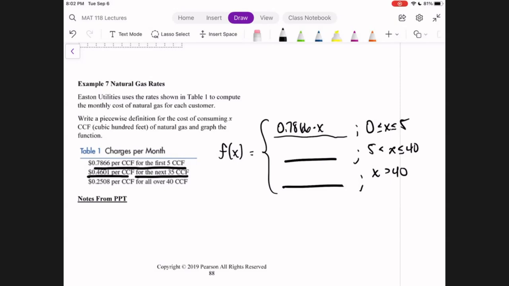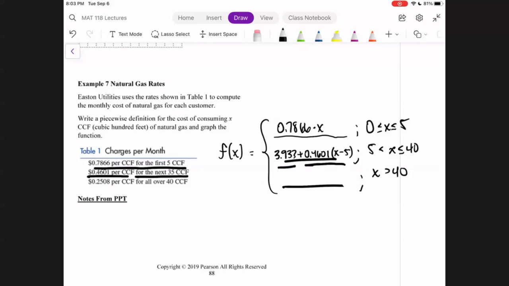So just multiply 0.7866 times 5, and I get 3.933, plus however much I have over 5. So that would be x minus 5. Remember, I've already paid for the first 5, so I'm not going to include them in the new rate. So for instance, if x is 6, I only have 1 that I would pay at the new rate, because 6 minus 5 is 1, and the first 5 I've already paid for.